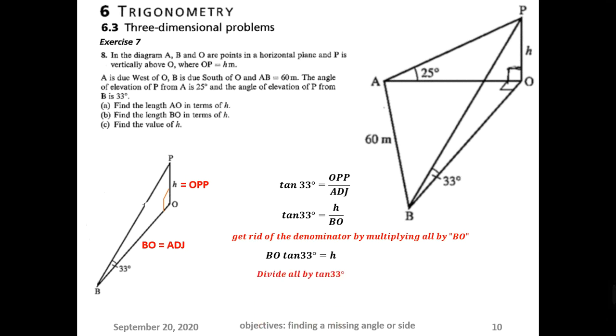So we divide all by tan of 33, and accordingly BO is equal to H over tan of 33. So we found AO in terms of H, and BO in terms of H is H over tan of 33 degrees. And this is the answer for the second part of this question.